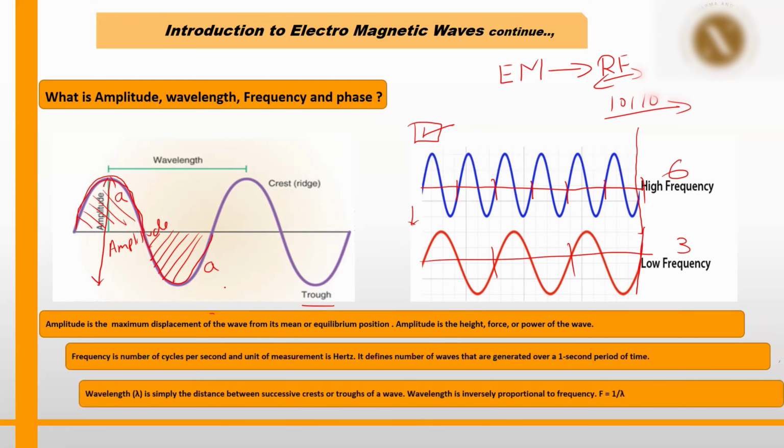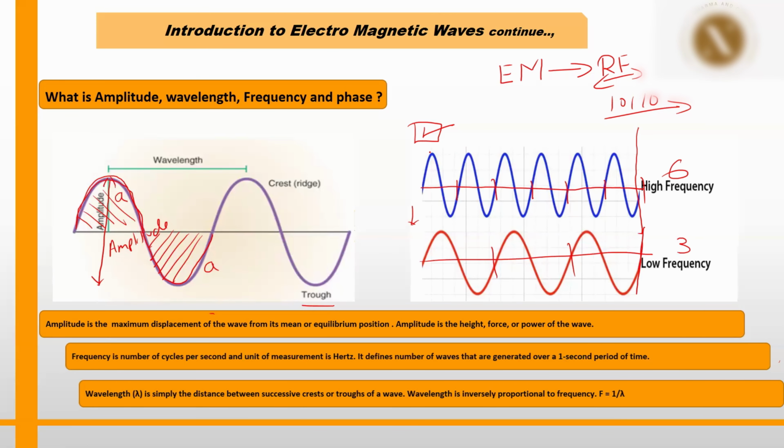Then there is one more concept, that is wavelength. Wavelength is simply the distance between successive crests or troughs of a wave. Wavelength is inversely proportional to frequency. If the frequency is high, the wavelength is small. In this case, this frequency is high.